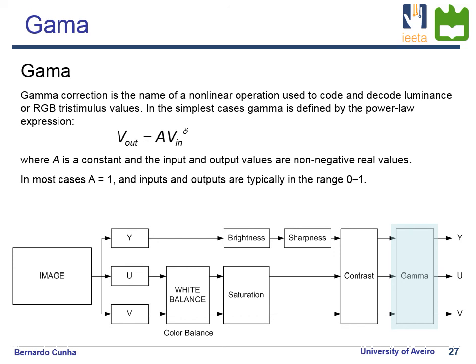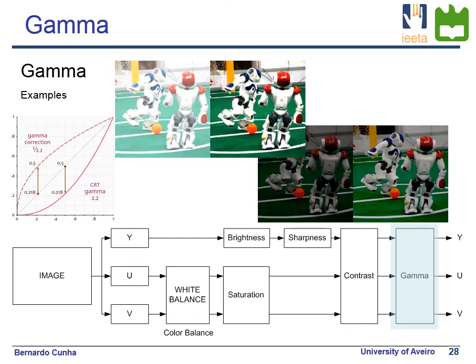We saw before that, for instance, for the brightness, the typical transfer function will be a line with derivative of 1. And with gamma, we can change not only the derivative, but transform that linear transfer function into a non-linear transfer function.